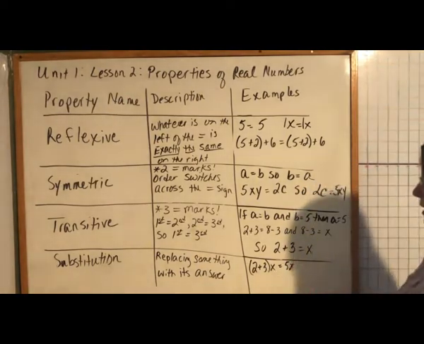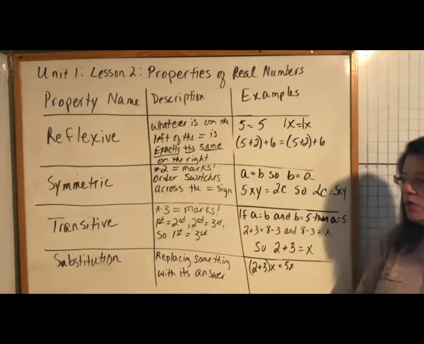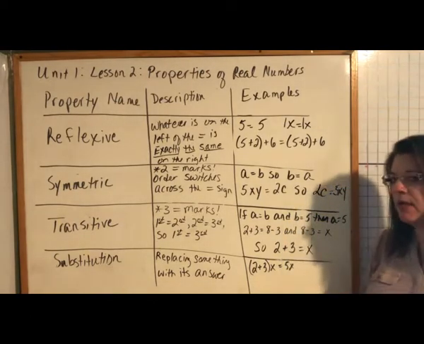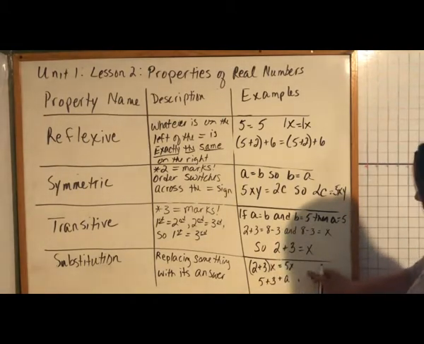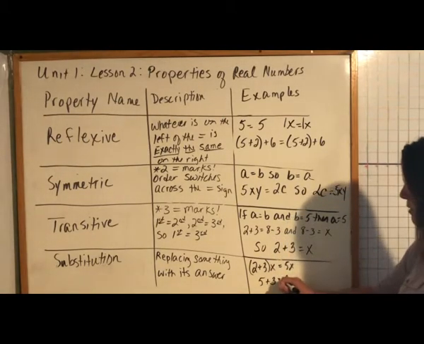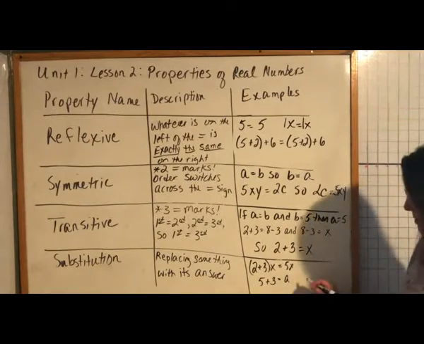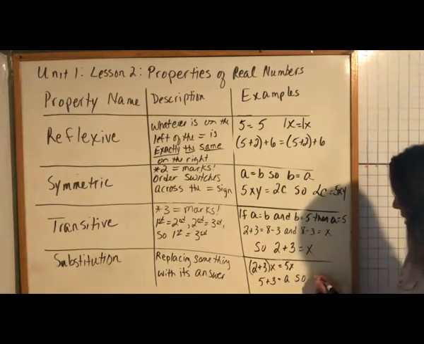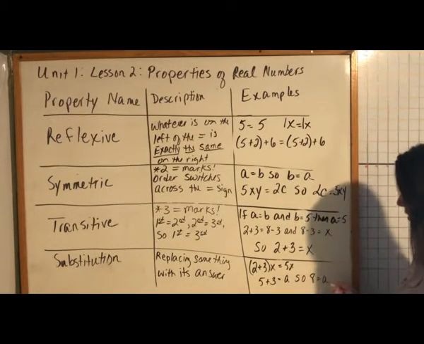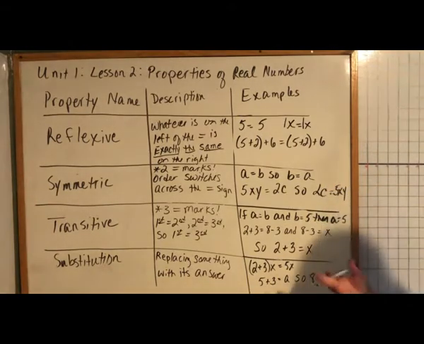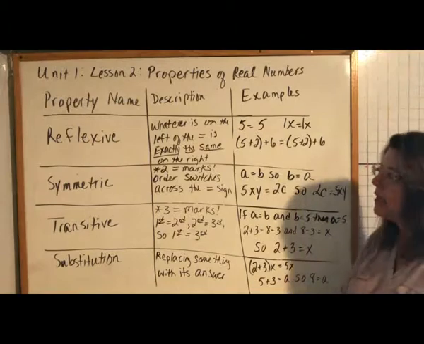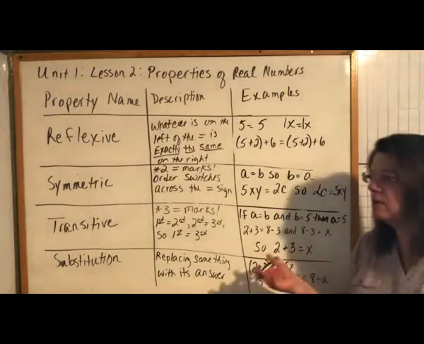That's an example of substitution. Substitution is another one of those examples that could possibly have two equal marks. I could say 5 plus 3 equals A, so 8 equals A. There's an example using two equal marks. Okay? So there's a whole bunch of different ways that I could present these problems to see if you can distinguish between them.